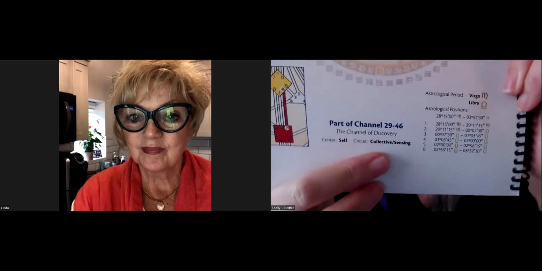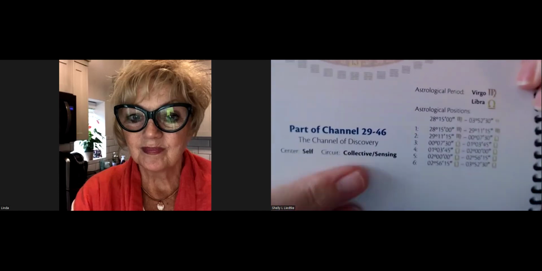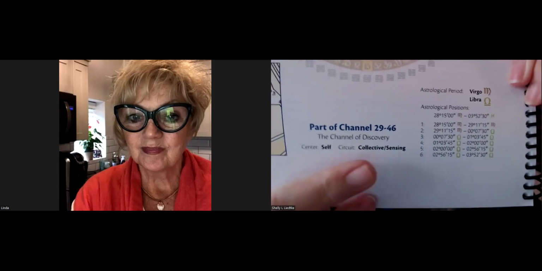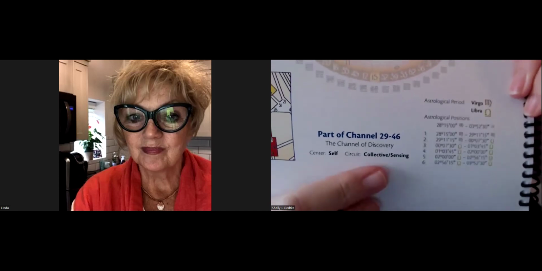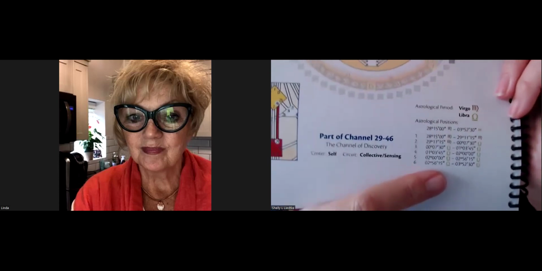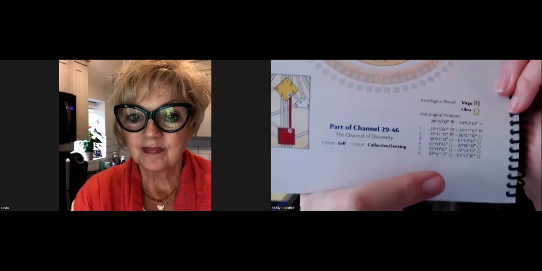It's in the 29-46 channel of the collective sensing circuitry. So it has to do with all people that you meet out in society, wherever you are in your environment. And then the step astrology here. So let me see, it's not showing very clearly for me on my camera. So the first part of gate 46 is in the sign of Virgo.